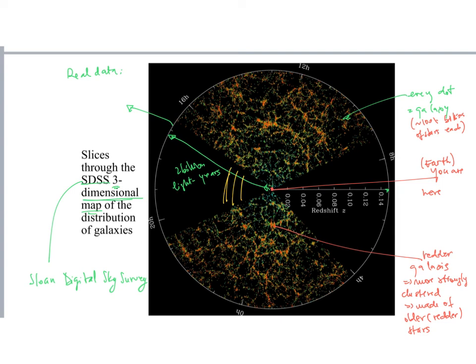Now the region in between the edges was not mapped by the SDSS. This is where our own Milky Way, the disk, is, right? So it's very hard to see through, because it obscures our view of the distant universe.